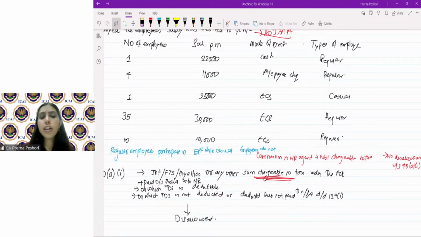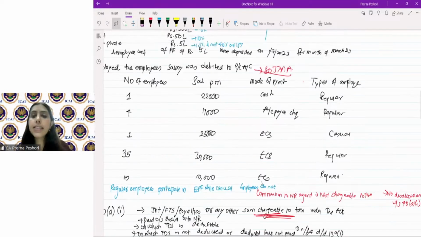So in this particular case, yes, you're correct. Therefore, the employee will not be considered as an additional employee because cash payments are made. So 80JJAA not applicable as cash salary.